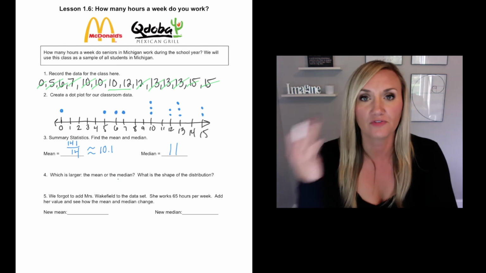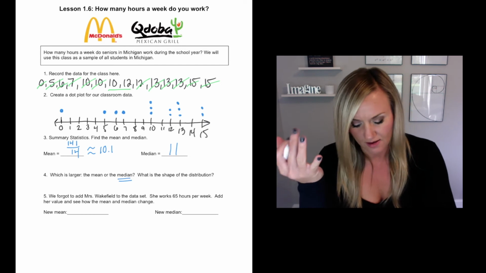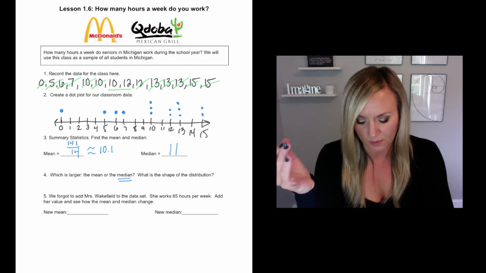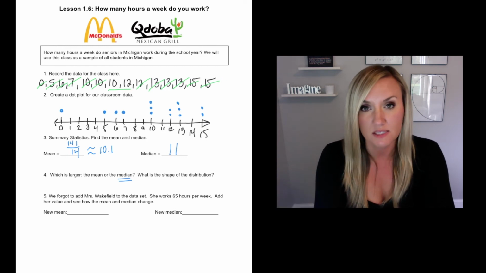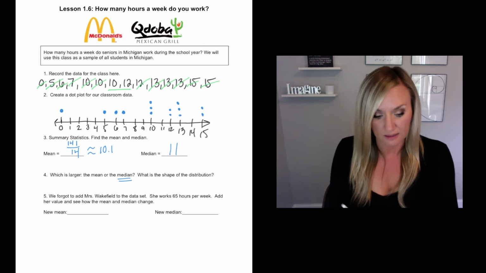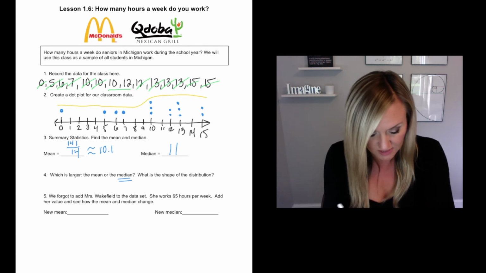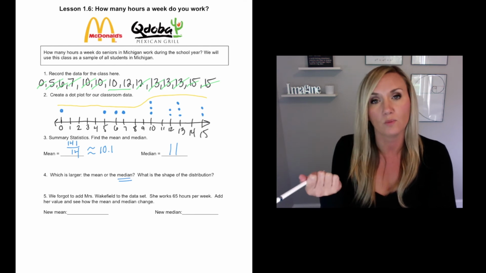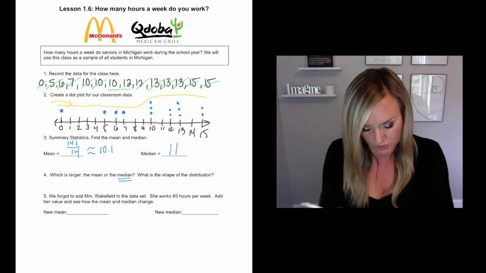All right, so we forgot to ask me. I need to be in this data set. I work about 65 hours a week. So let's add 65 hours into this mix and see what happens. When we do that, my new mean becomes 206 divided by 15, because we had the 141 and we added my 65 hours, and now it's 15 people instead of 14.